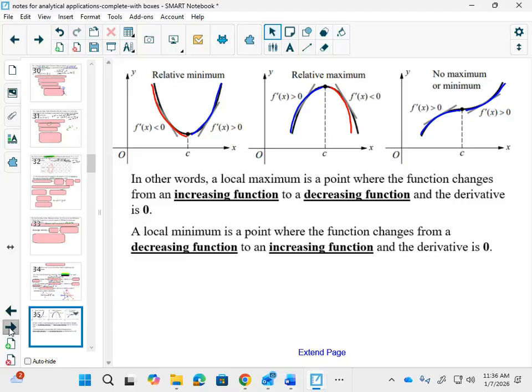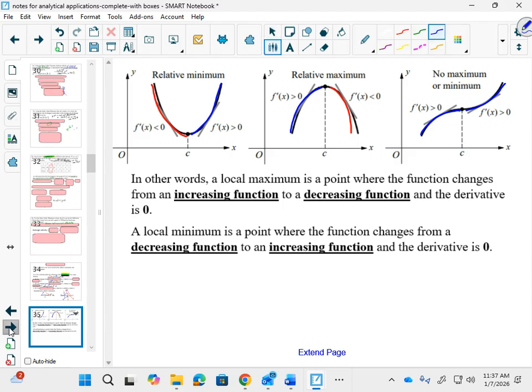Decreasing, then increasing. Increasing, then decreasing. And increasing and increasing again, that is called a stationary point of inflection. The local maximum changes from increasing to decreasing.